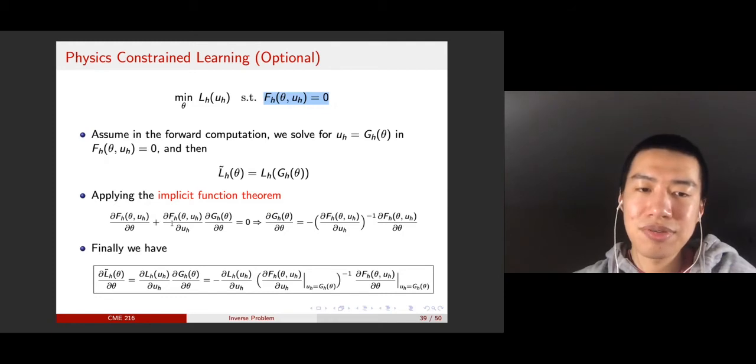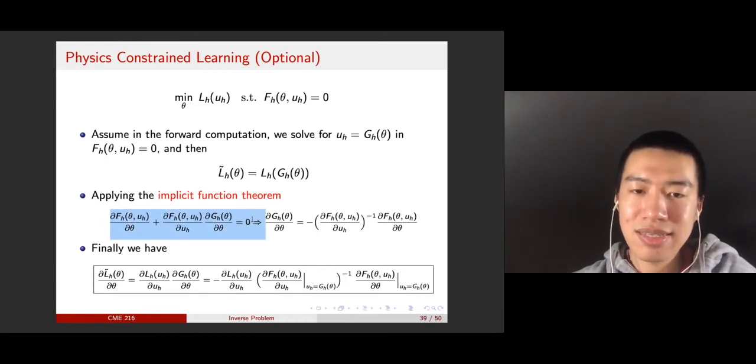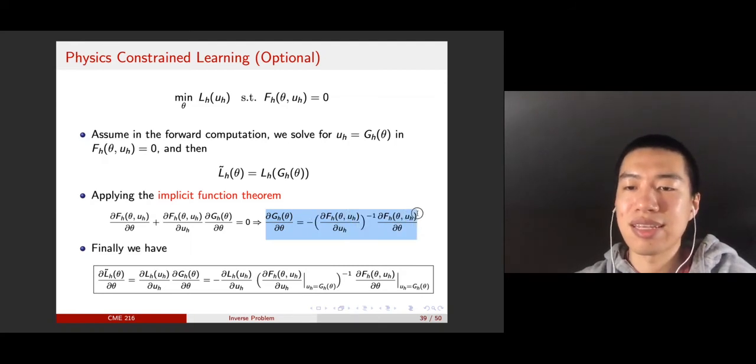The next step is to take the derivative with respect to theta on both sides of the original system to extract the gradient of partial L tilde with respect to partial theta. In this case, you treat U as depending on theta. You take the gradient with respect to theta on both sides of this PD constraint, and then you rearrange this equation to extract the gradient of U with respect to theta, and then you get this formula.